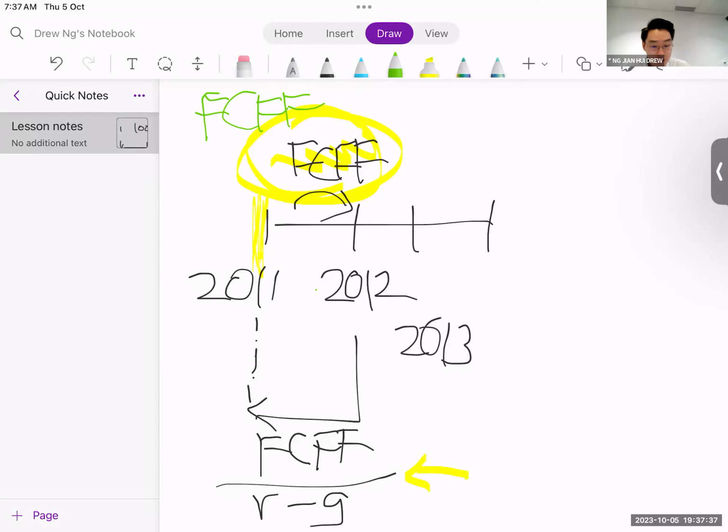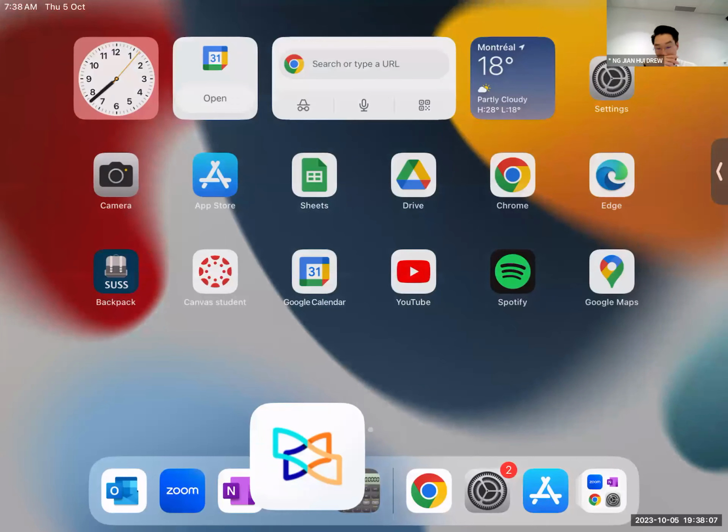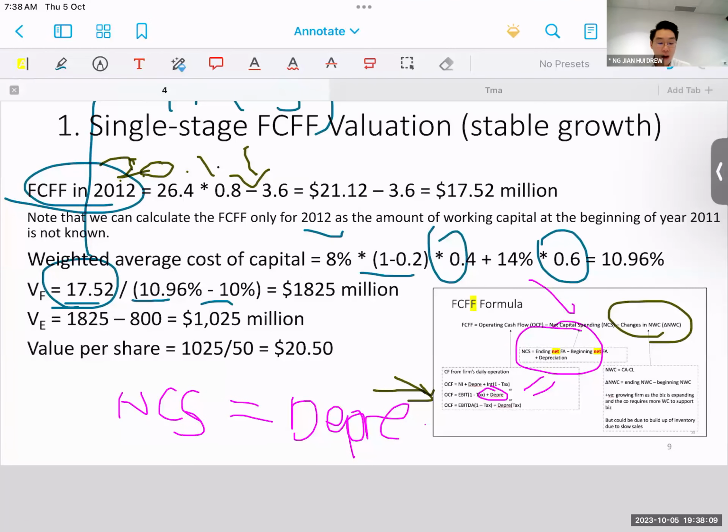Then we will have to multiply by 1 plus G before using this cash flow under the growing perpetuity and discounting it. All right. Okay, so I hope this is clear why there's no times 1 plus G.